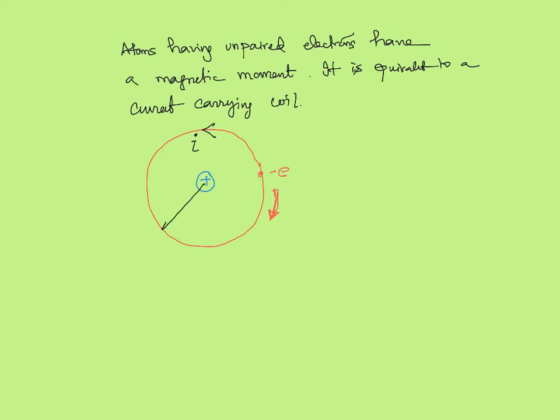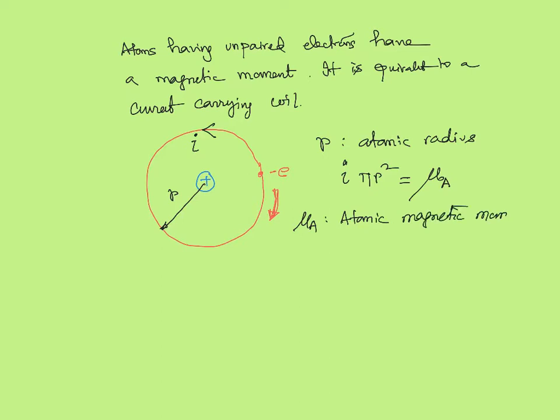Suppose r is the atomic radius. Then I multiplied by pi r square is mu a, where mu a stands for the atomic magnetic moment. So this is a simple model for a hydrogen atom.